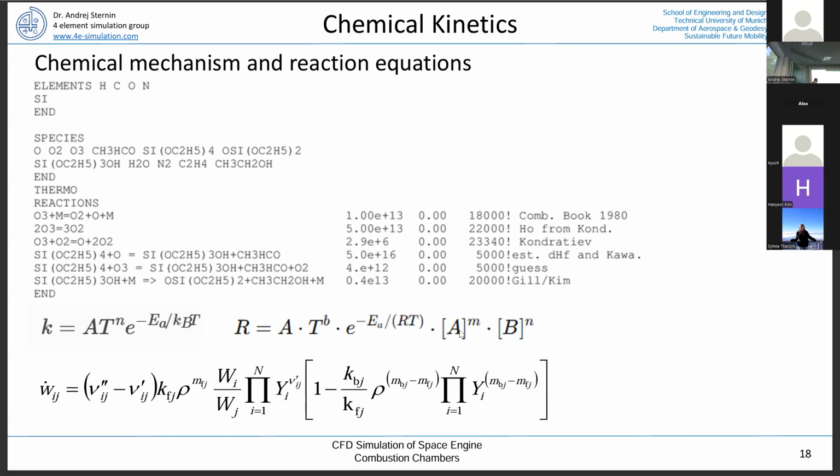And typically you have a production rate or consumption rate of species. That's in principle a source term or a sink term, depending on whether you formulate it for a fuel, a reactant, or a product.